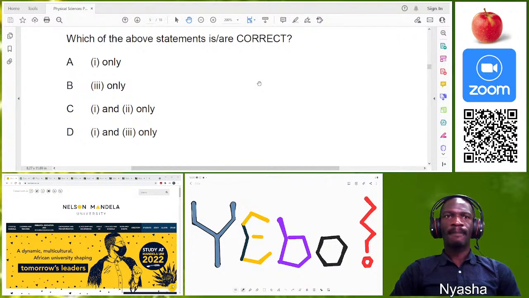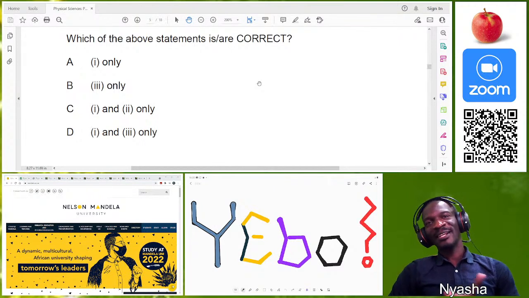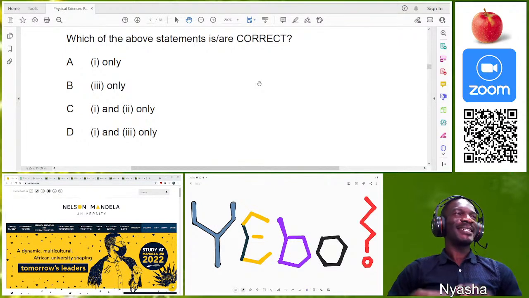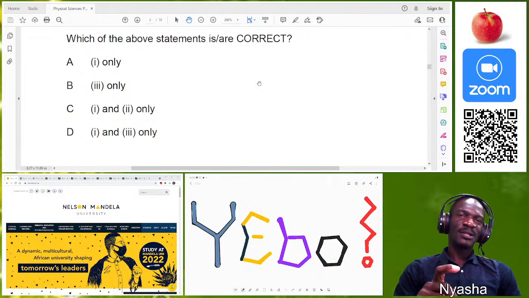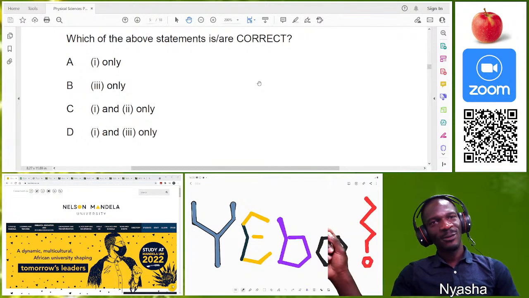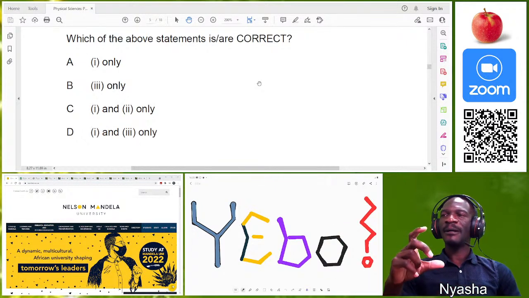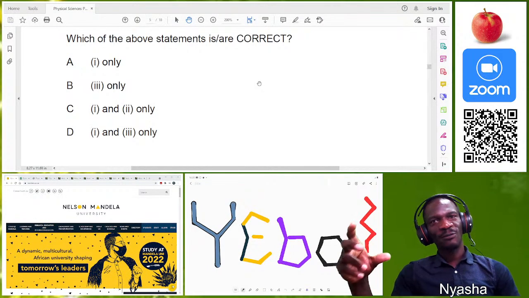You just know that if it's the first one only, the other two are false. So when you are working through this, you need to first look at the kinetic energy and write true or false. Second one, number of particles, true or false. Third one, mass, true or false.